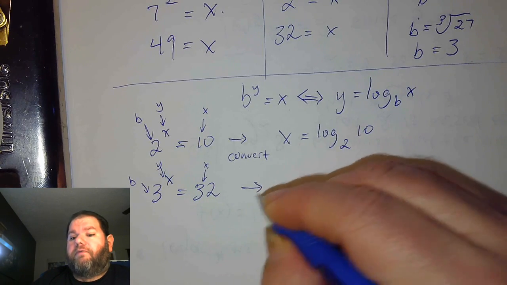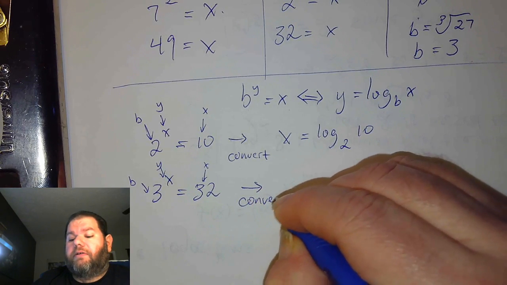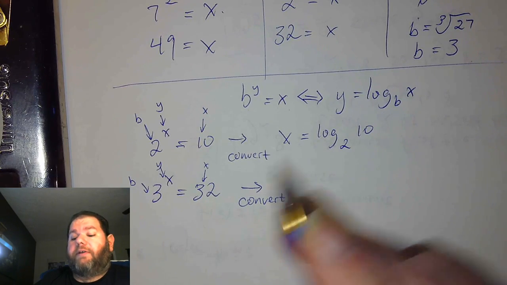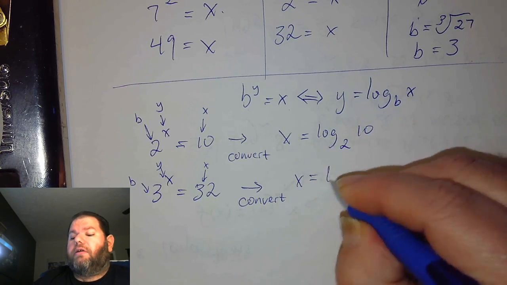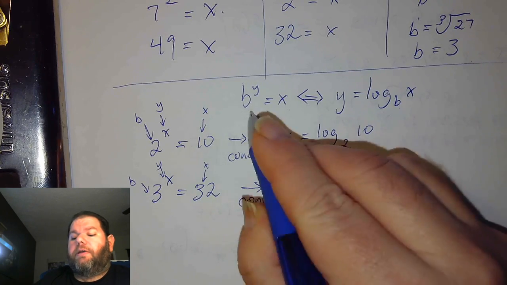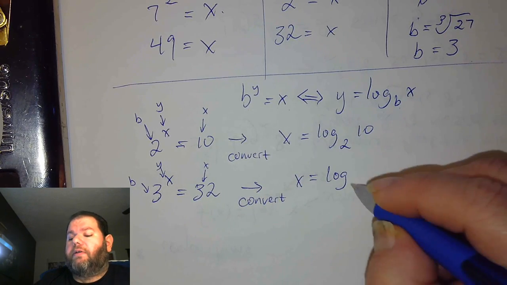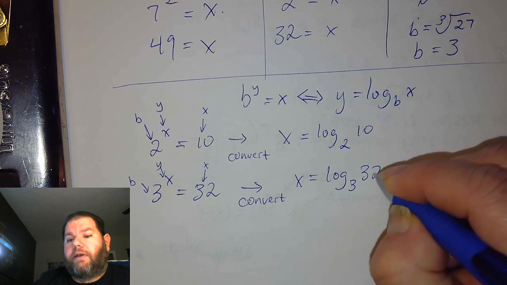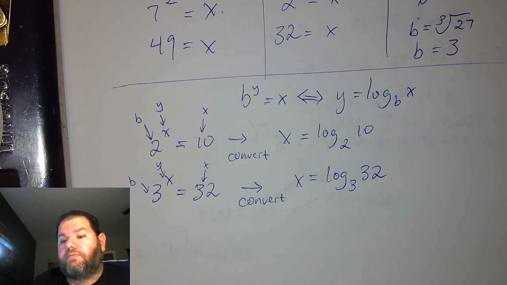Now when we convert it, we'll put our y value first, which is x. Log base b, b is 3 in this case, and x, which is 32, inside. The book uses a for base, but I like using b for base because I think it makes more sense.